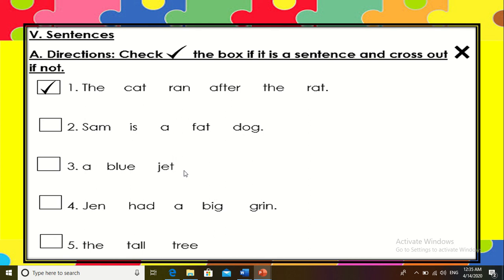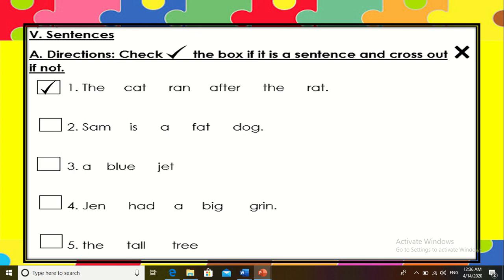So is it a sentence? Number 4, Jen had a big grin. Jen begins with the big letter J and ends with a period. Number 5, the tall tree. It begins with a small or lowercase letter t and there is no period at all. So, is it a sentence or not a sentence?